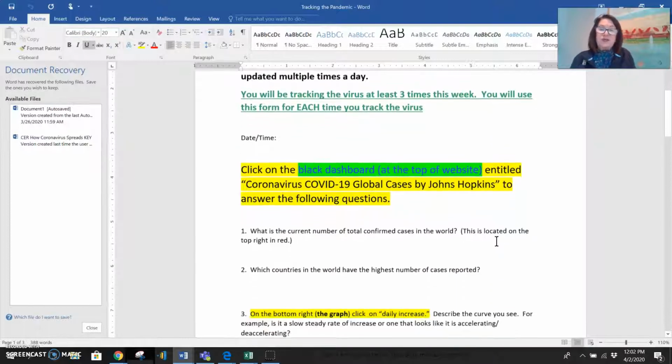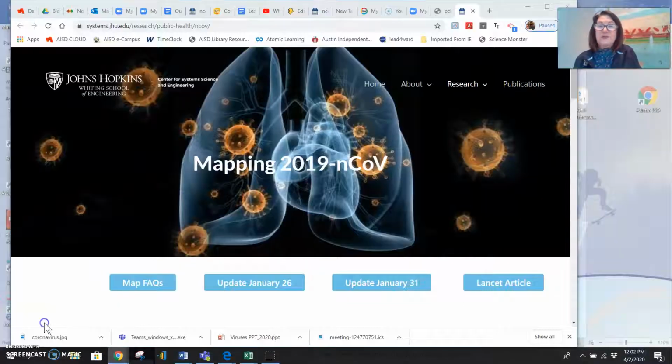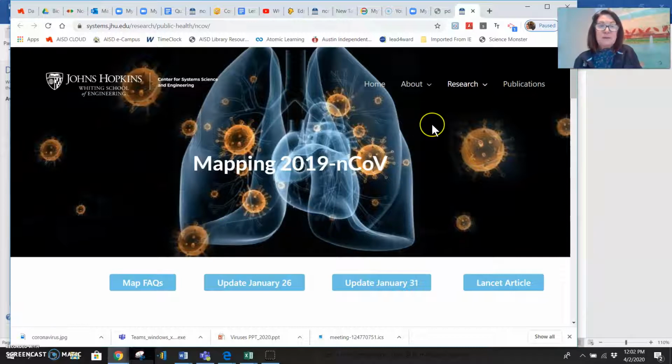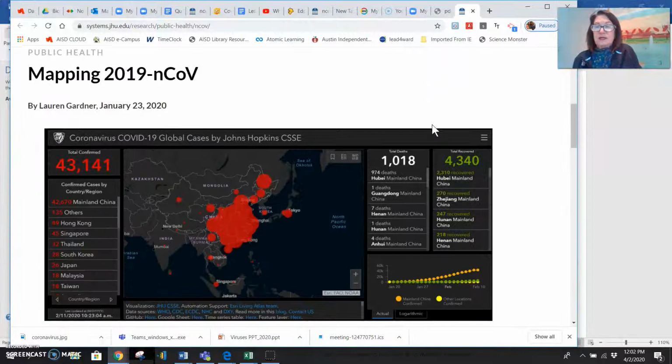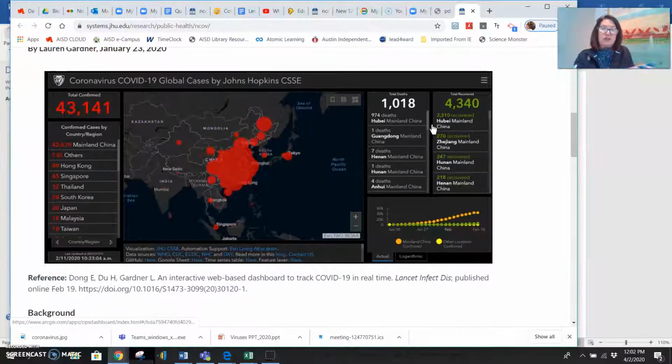So what you're going to do is, it says click on the black dashboard at the top of the website. So if I go back there, I'm here. And if I scroll down just a little bit, I get this. This is what they're calling the dashboard here.